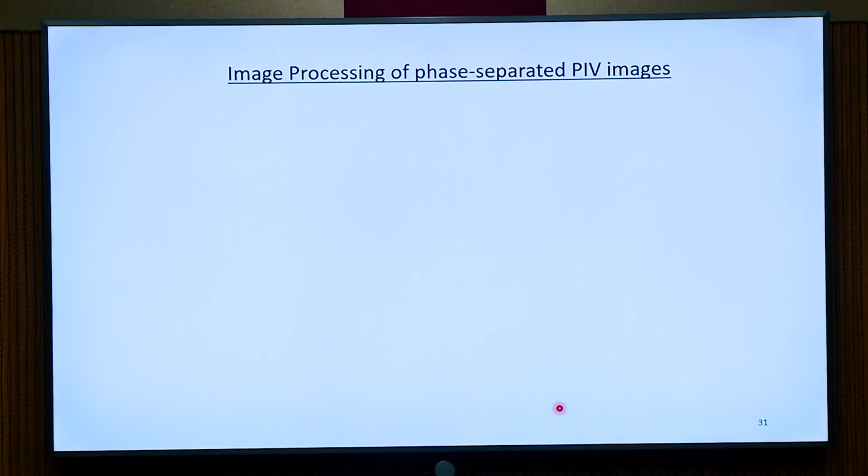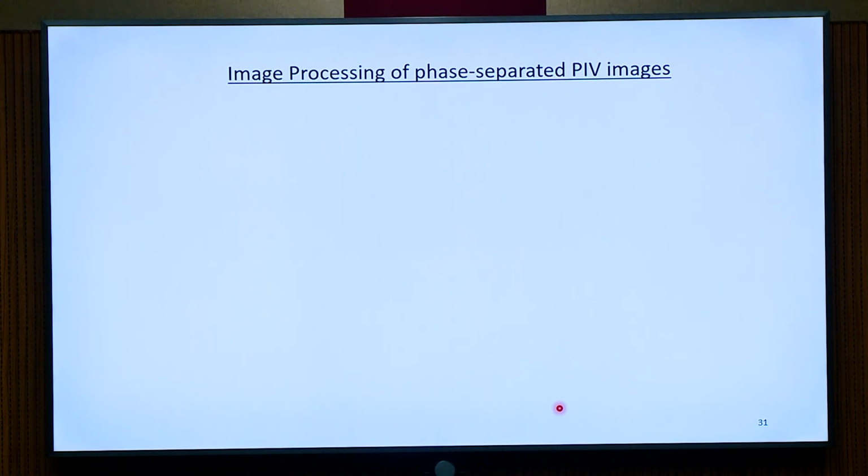Now, another issue is that whether you do the phase separation in the image processing stage or in the image acquisition stage, in the tracer particle image you have empty spaces where the particles are actually there.